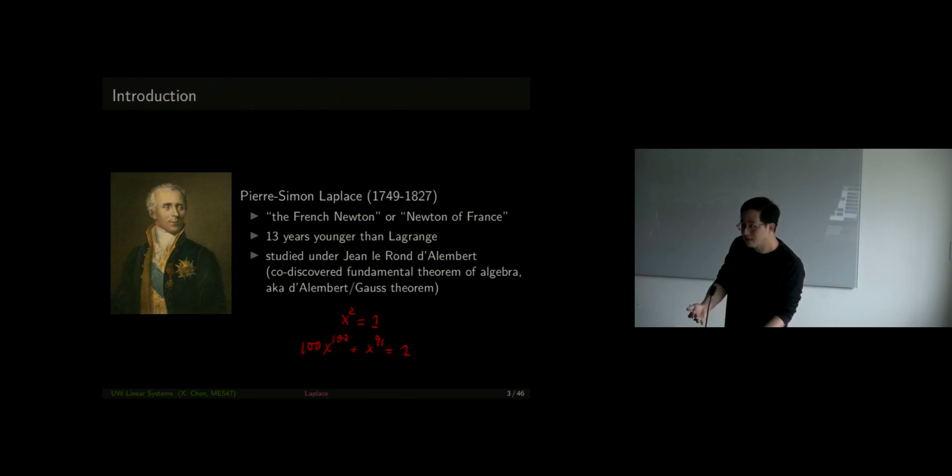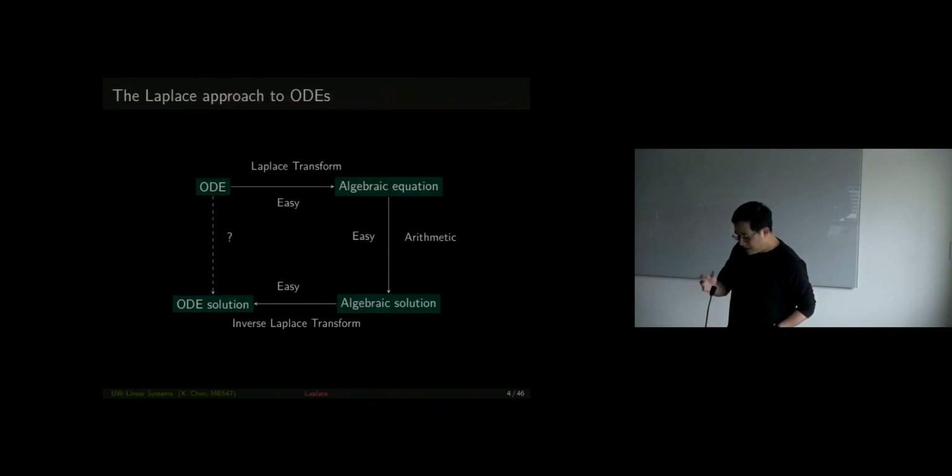So this is basically the fundamental theorem of algebra. It gives you how many roots you have given the order of the equation. Anyhow, Laplace was in that period of time where a lot of interesting things were discovered.